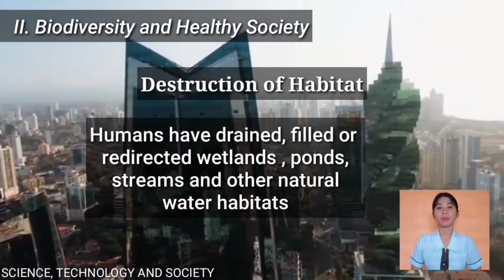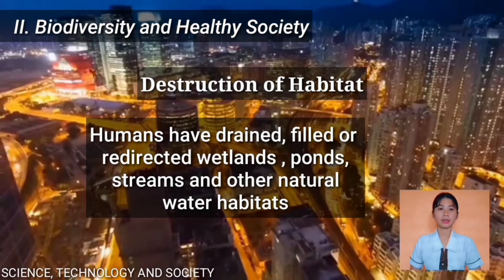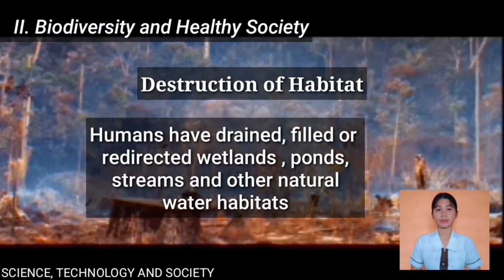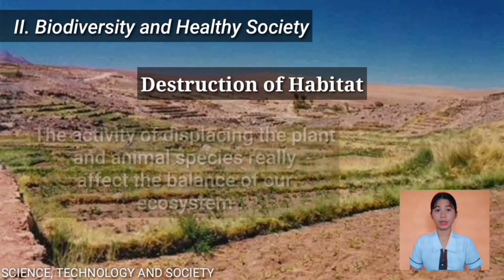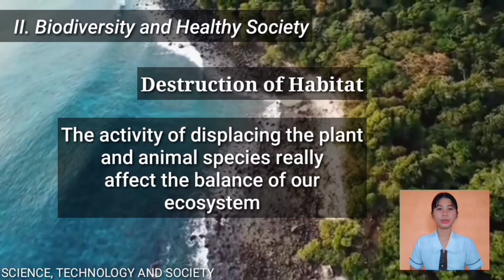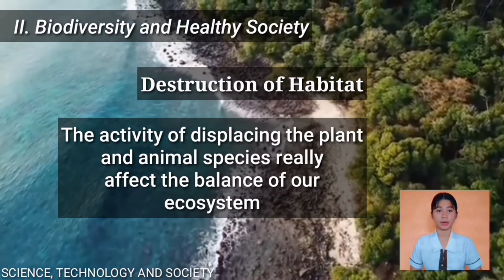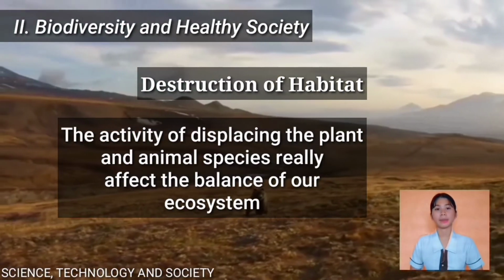This destruction of habitat has a great effect on the loss of our biodiversity. We all know that animals and plants have contributed a big part to our ecosystem. And with this destruction, we don't know if our ecosystem as of today is still in balance.